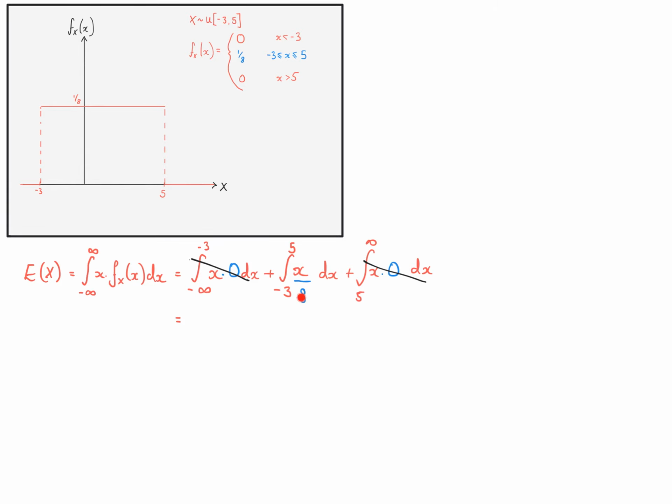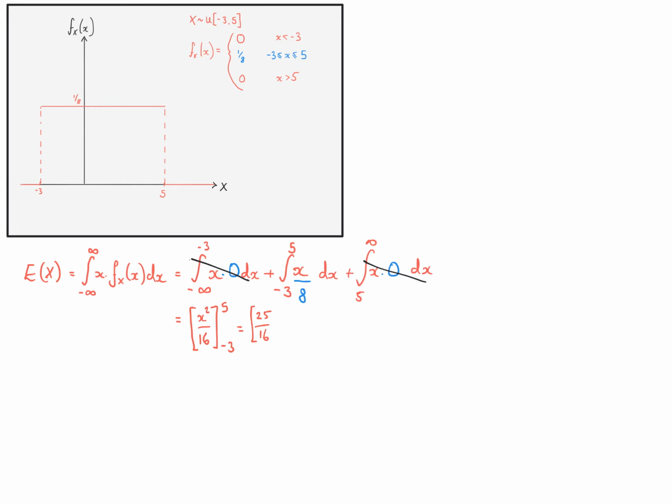The integral of x over 8 dx is going to be, we raise the power of x by 1, so that's going to be x squared. We divide through by the new power, so that's going to be x squared over 16 evaluated between 5 and -3, which is going to be equal to, if we substitute in x is equal to 5, we get 25 over 16.